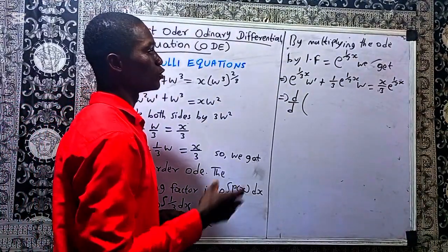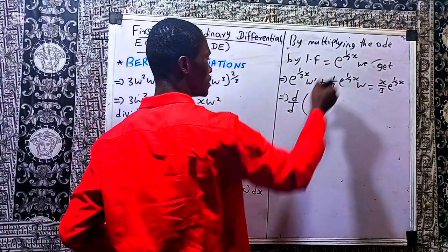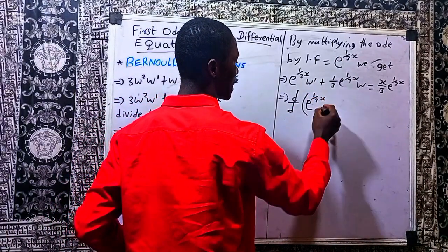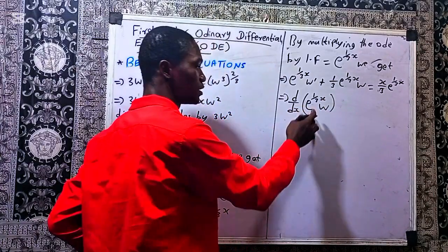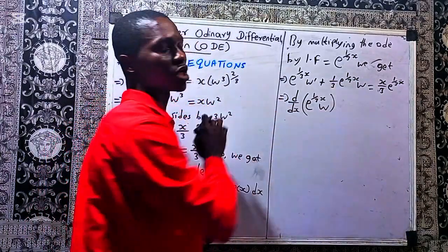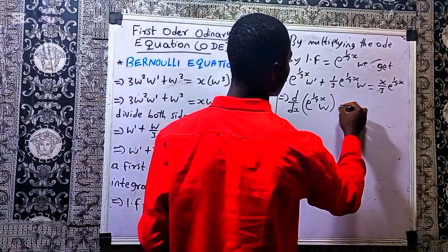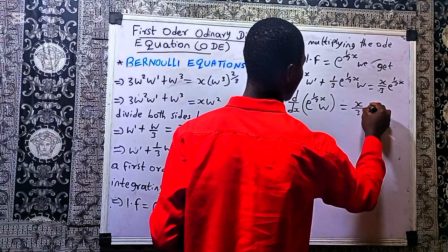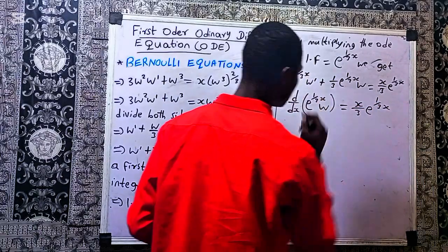So that's the derivative with respect to x of the product of w and the integrating factor. This will be equal to the right hand side, x over 3 exponential 1 over 3 x.